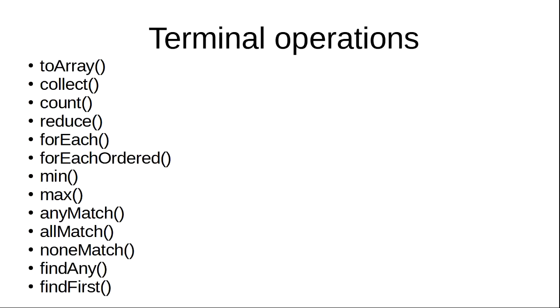On terminal operations: you have performed n number of intermediate operations and accumulated some results. Now you want to get those results, so you need to use a terminal operation. These are all terminal operations: collect, count, reduce, forEach, min, max, anyMatch. Many terminal operations are there.